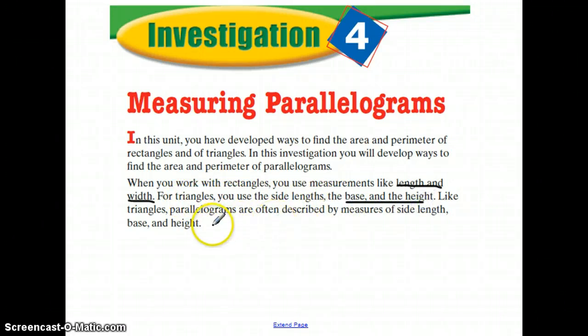Now, parallelograms are very much working with base and height, kind of like triangles do. So we're going to try to understand what that means today and how to find those specific measurements.